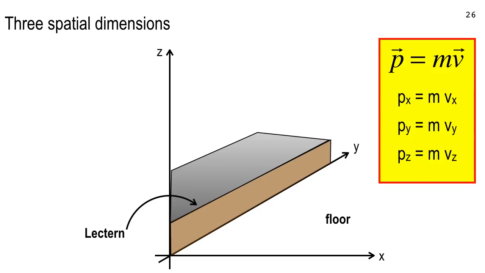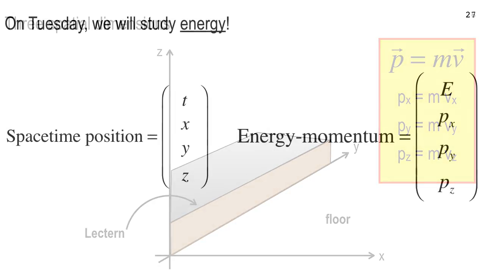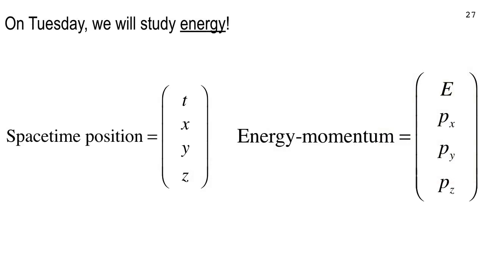Now that's the momentum, the spatial momentum. In space-time, we work with four-dimensional vectors, and this is what we're going to start studying on Tuesday. Space-time position: time is actually the first one that we list, and then the three spatial dimensions.